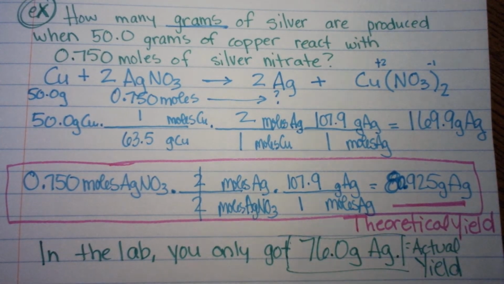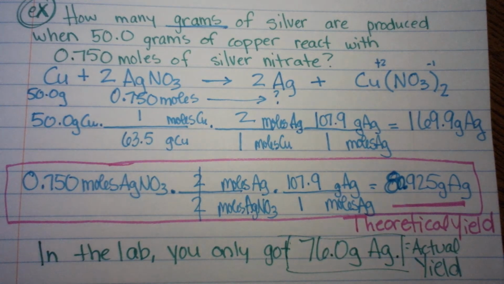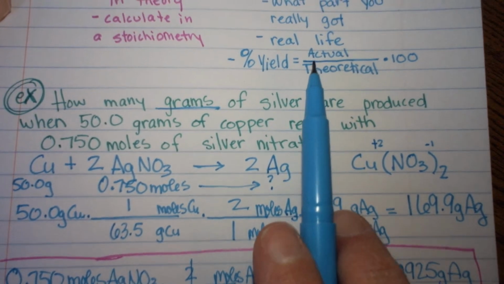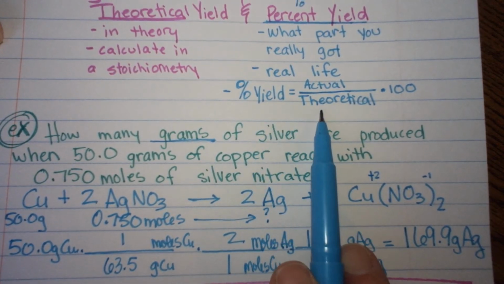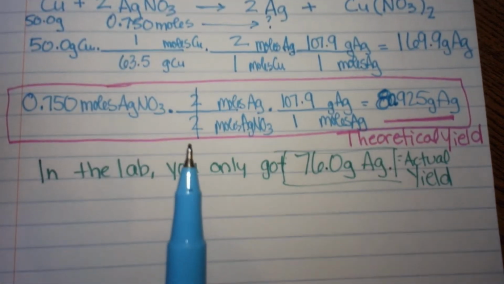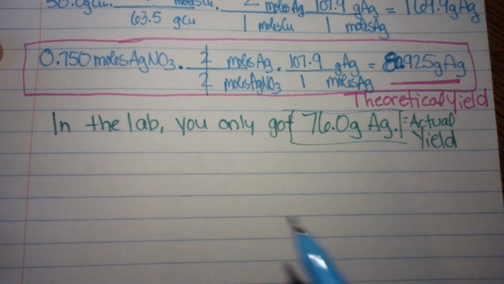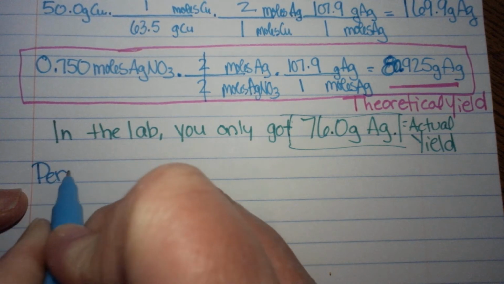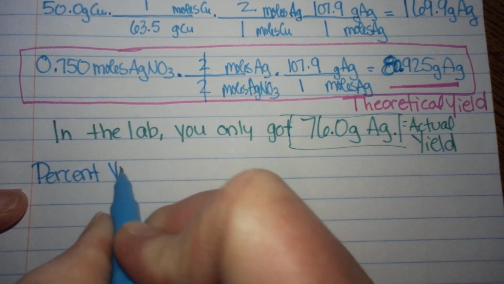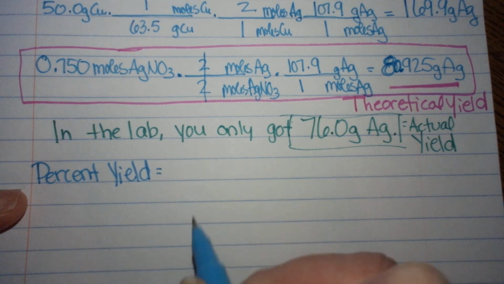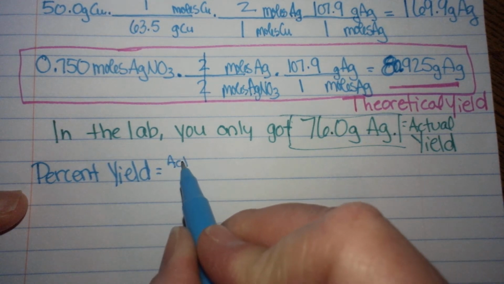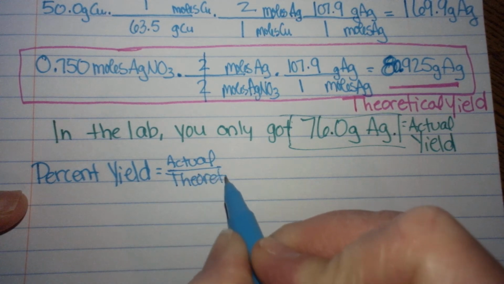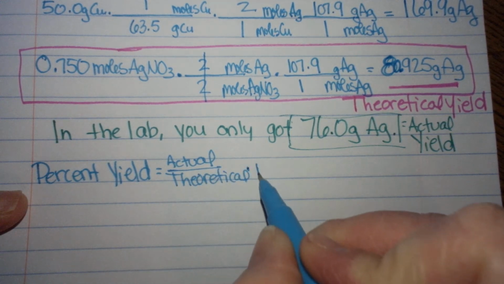So what do I need to do to find percent yield? Let's go back and look at our notes. If we look, percent yield was actual over theoretical times 100. So the percent yield for this lab, so actual over theoretical times 100.